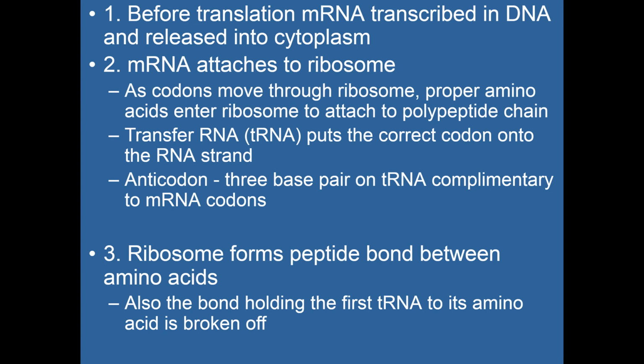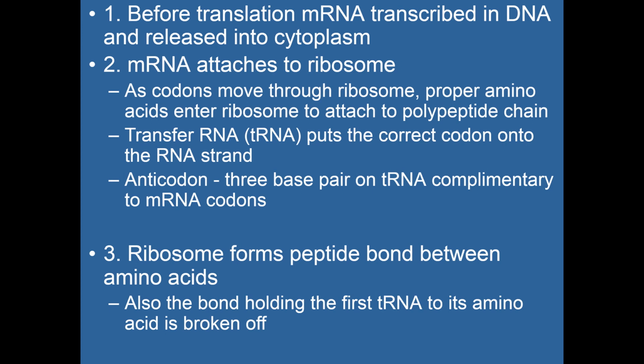Number one, before translation, mRNA is transcribed from DNA and released into the cytoplasm. So the mRNA is sent out from the nucleus where the DNA is and is released into the jelly-like cytoplasm within the cell. Number two, mRNA attaches to the ribosomes floating around the cytoplasm.